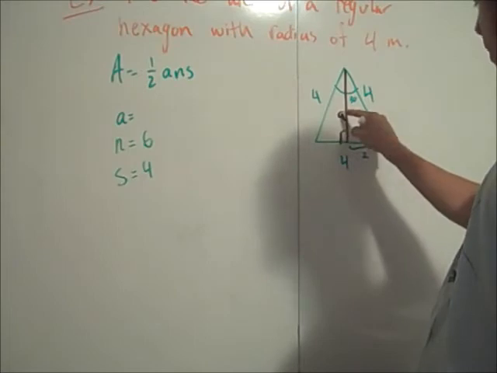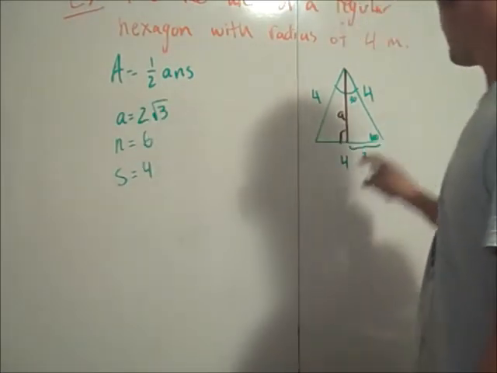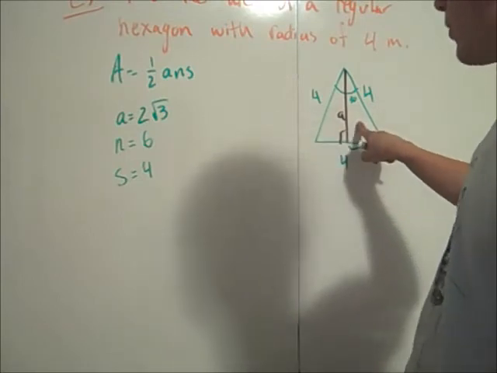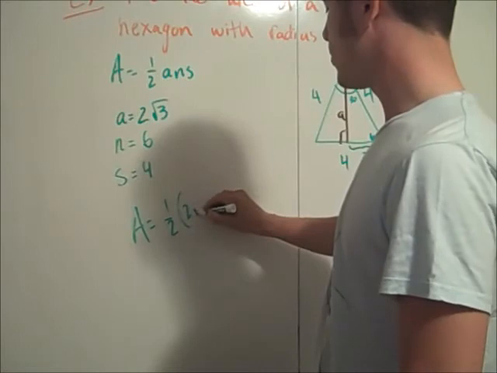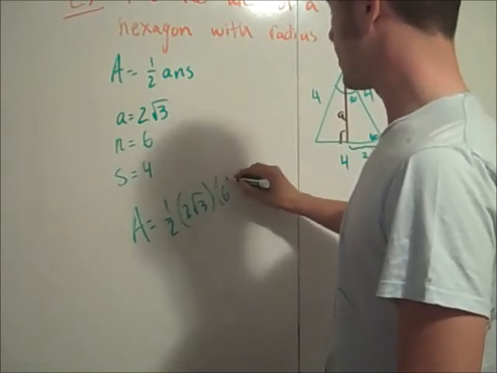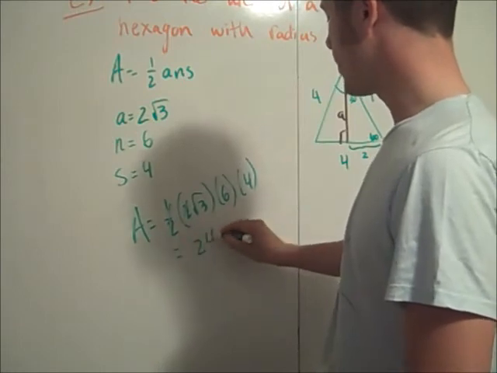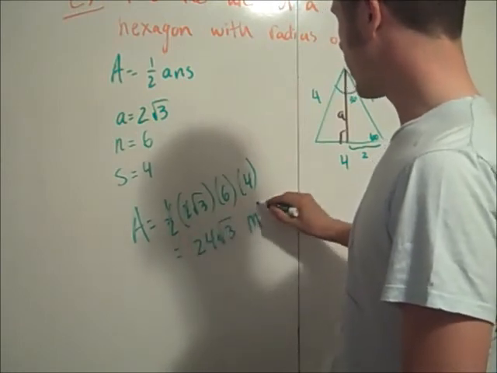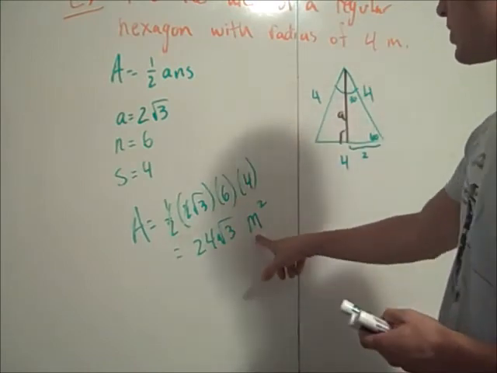And so if this is 2, then A is 2 root 3. Right? Because this is a 30, 60, 90. And so the area of this regular hexagon is 1/2 times 2 root 3 times 6 times 4. 1/2 and the 2 cancel. This is 24 root 3 meters squared. Right? So it's area, so it's units squared.